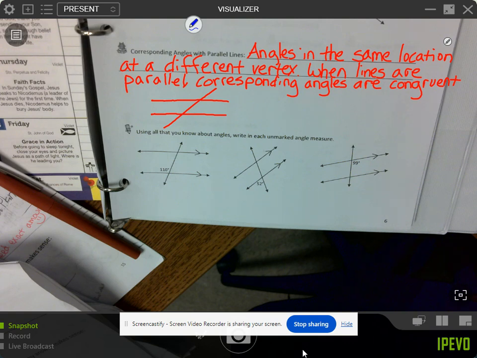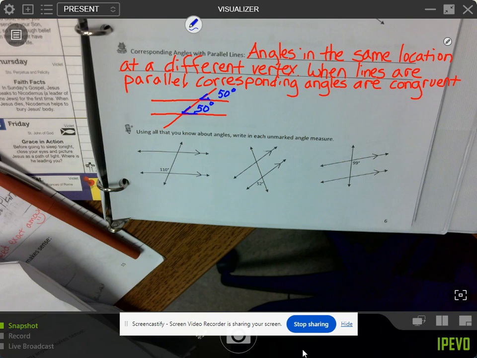So I have my top line, I have this angle, my bottom line, its corresponding angle is going to be in that same location, the top right angle, right? So this is the top right, this is the top right on top of that line. So if I said this angle measurement was 50 degrees, what would this measurement have to be? 50 degrees.